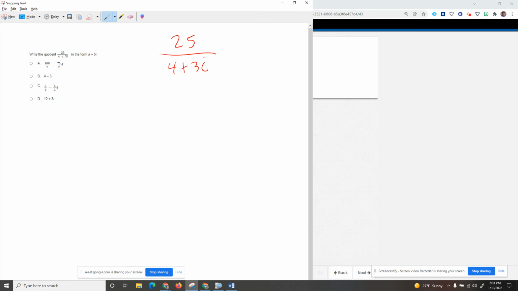So we're going to simplify this by turning that imaginary number into a real number. And what we're going to do is essentially what we just did, which is multiply it by its conjugate. So 4 minus 3i is the conjugate. What you do to the denominator, you do to the numerator. So let's multiply them together. 25 times 4 is 100. 25 times negative 3i is negative 75i.